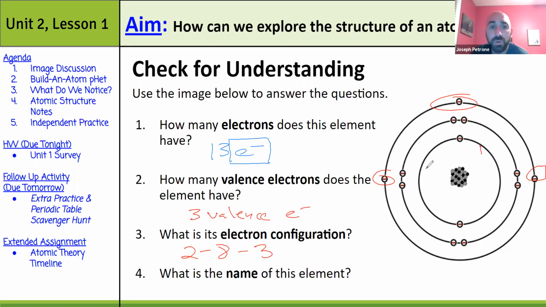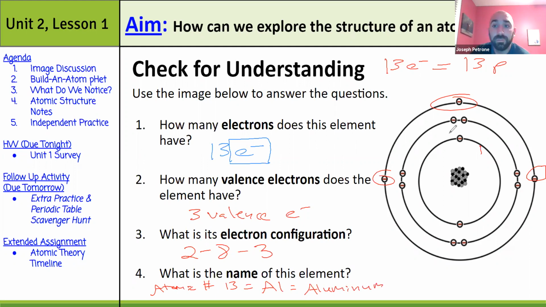Now, what is the name of this element? Here we have to flip back to our periodic table and make the connection that because we have 13 electrons, and as we mentioned, all of our atoms for now are neutrally charged, we must also have 13 protons. The element that has 13 protons has the atomic number of 13, which is symbol Al, which is aluminum.